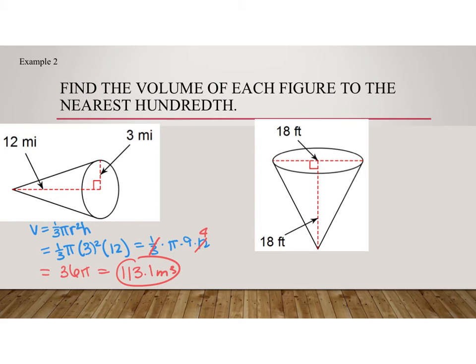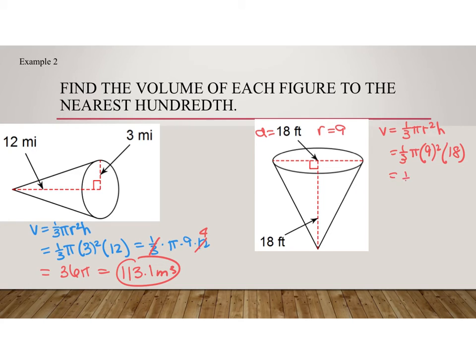Likewise, for the second part, my volume is equal to 1/3 pi r squared h. When I plug my numbers in, this gives me 1/3 pi times my r value. Remember, 18 is really my diameter, so that tells me r is half of that, or 9. So I have 9 squared times my height, which is 18.